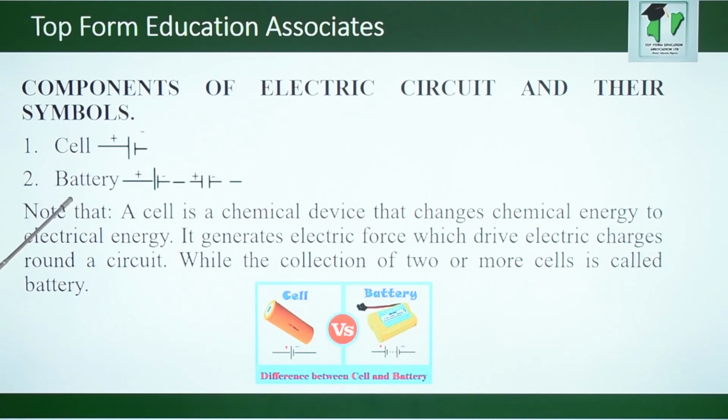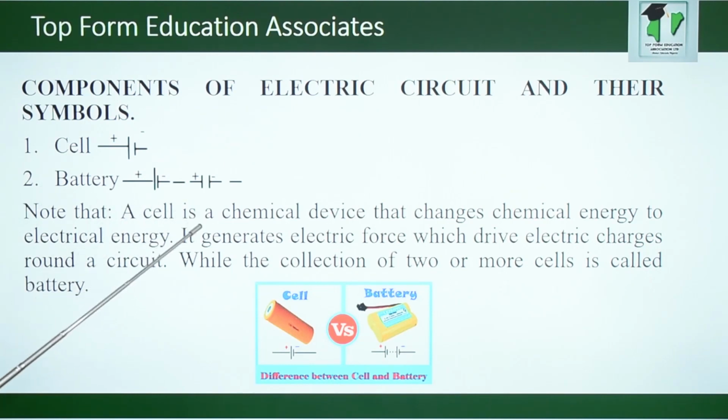Now the next is the battery itself. Battery will have its collection of two or more cells. Now you have the positive terminal, you have the negative. Where is the positive? It's supposed to be longer than this. Here is positive, and the shorter one is what? Negative. Are you getting it?